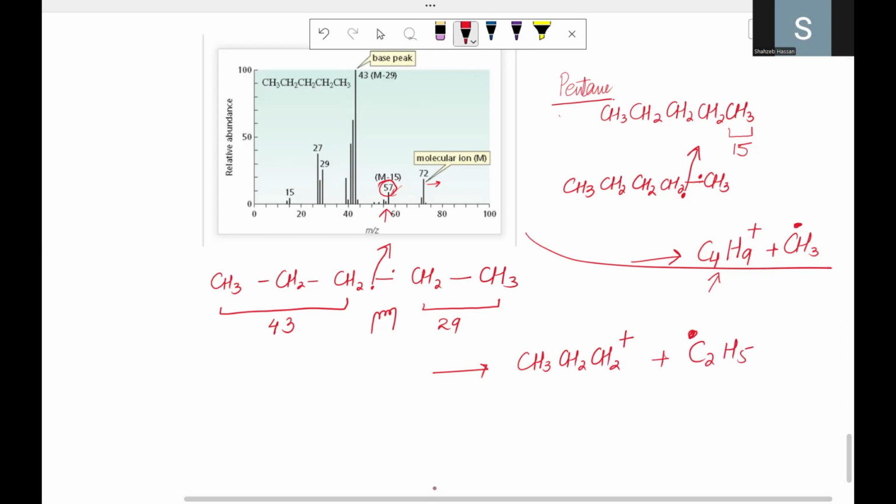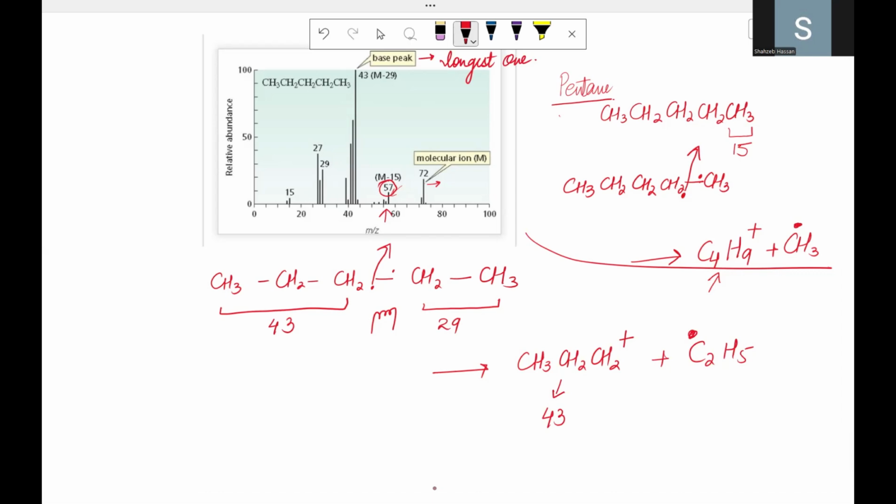So now what is going to happen? This one has a molecular mass of 43, which is represented by the base peak. First of all, why are we seeing it as a base peak? Because it is the longest one. And why is it the longest one?